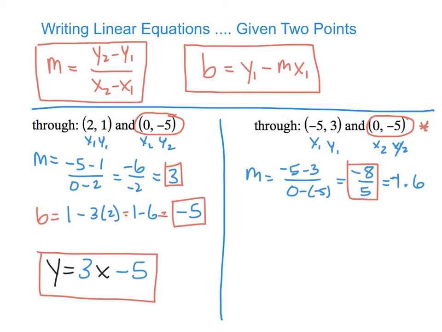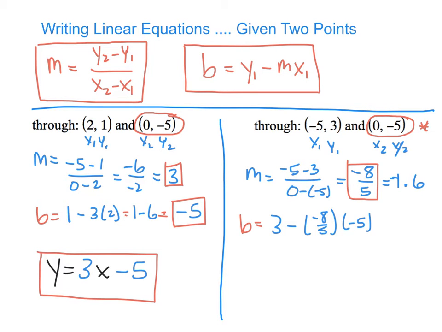We already know what b is going to equal, but let's write it in anyway. The calculation for b is, according to what we wrote at the top, y1, which is 3, minus negative 8/5, times x1, which is negative 5.